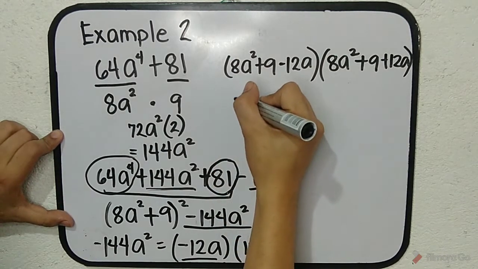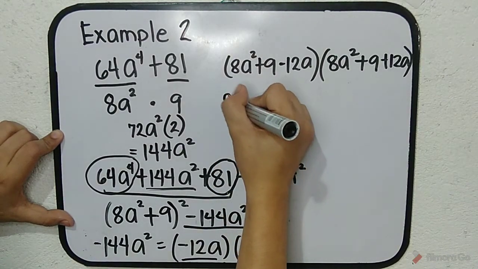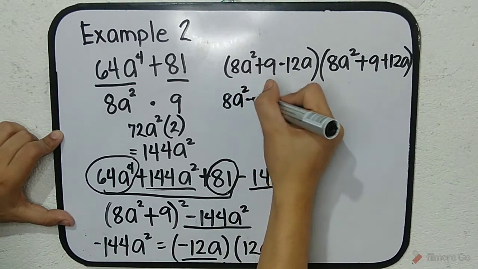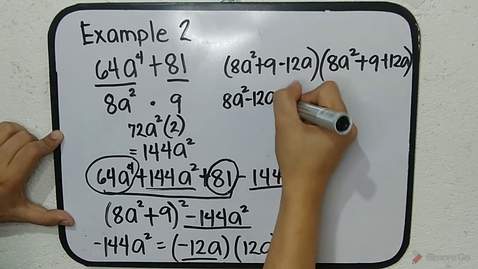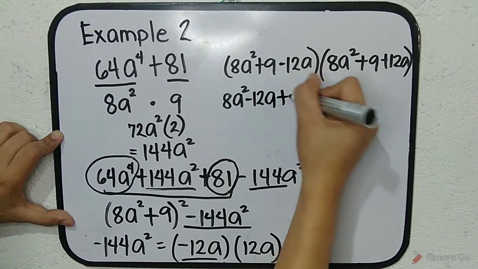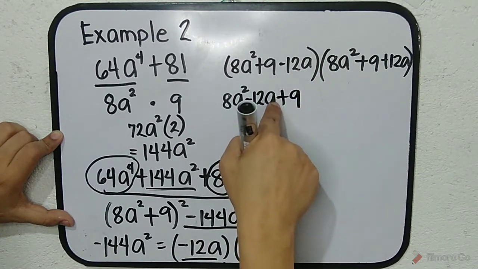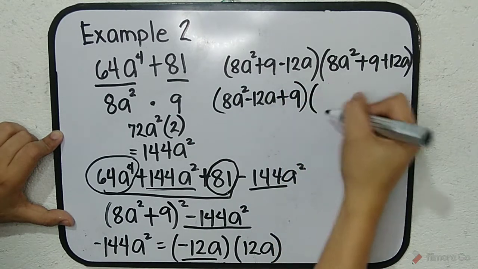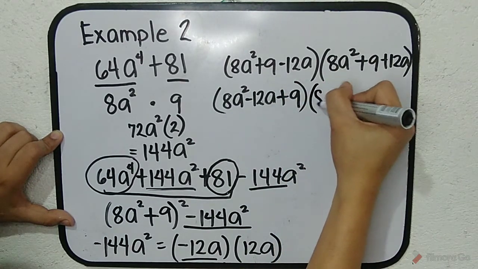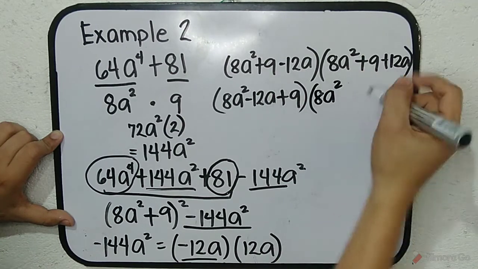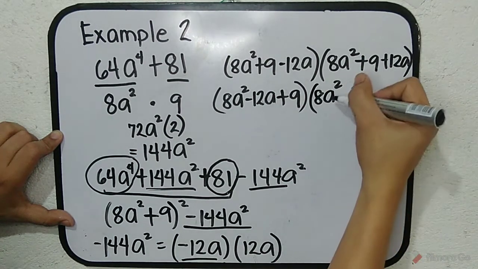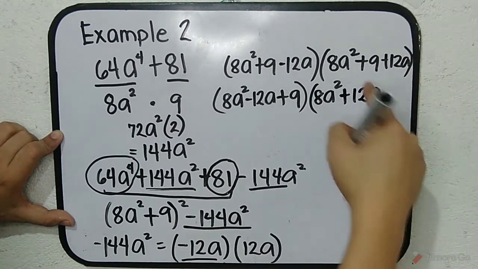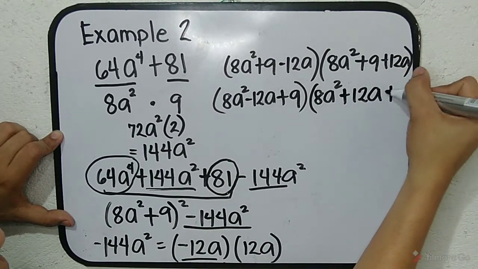So, 8a squared, mauna ang negative 12a bago ang 9. Ayusin lang natin. Next, sa kabila naman, 8a squared ulit. Mauna ang positive 12a bago ang 9.